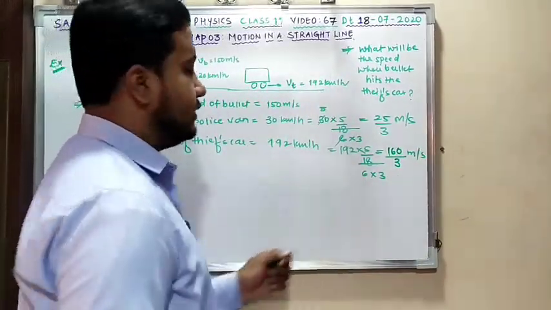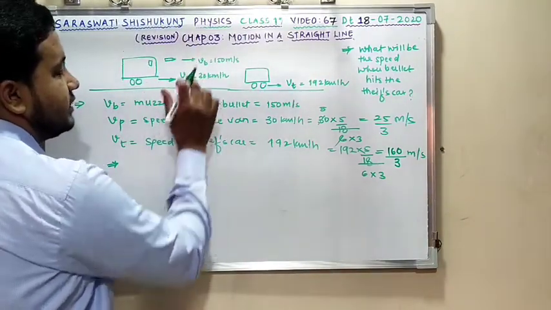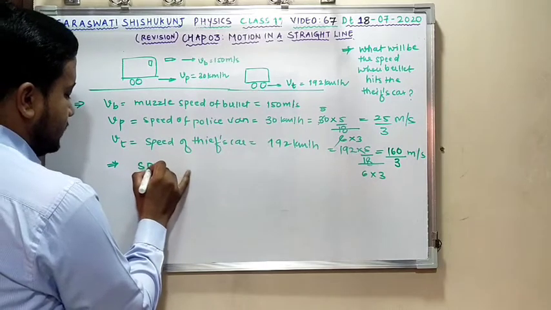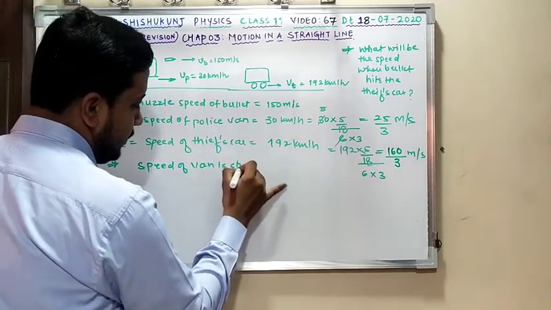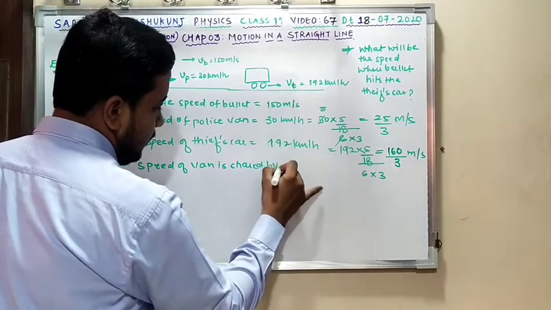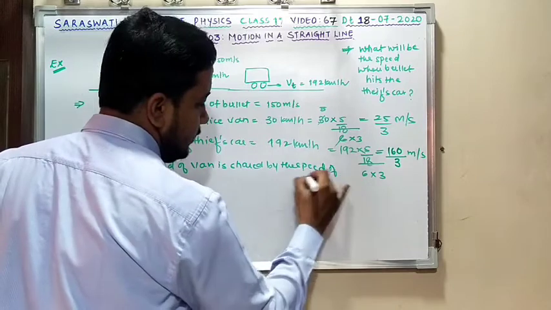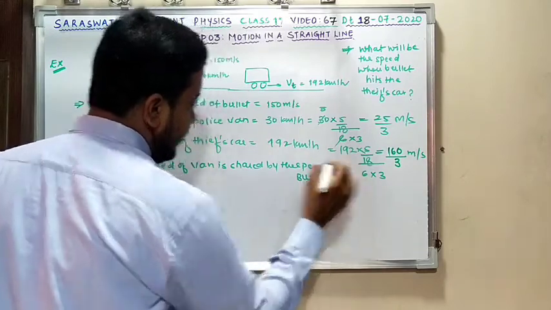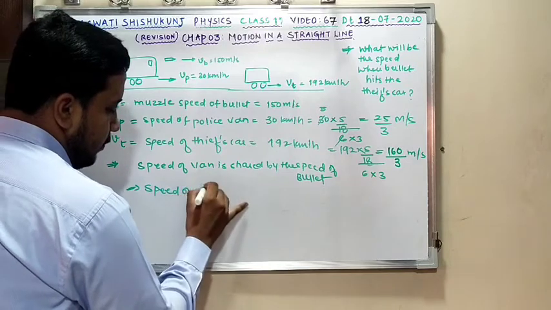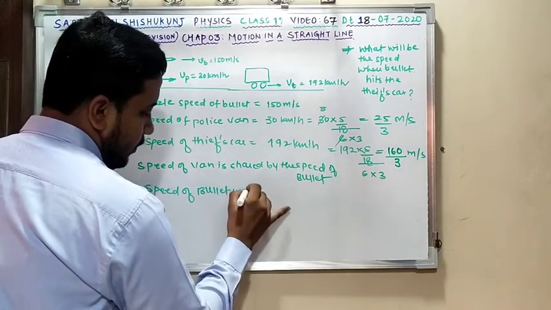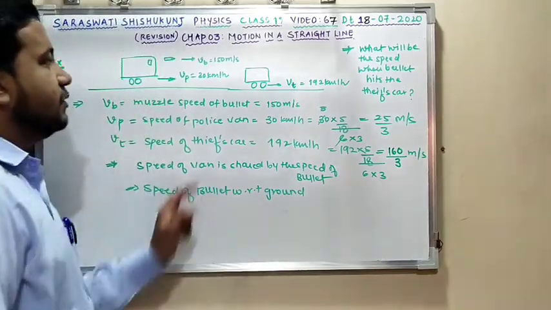Now one thing over here you will be able to notice, that the speed of the van is being shared by the speed of the bullet. So if I need to calculate the speed of the bullet with respect to ground, I need to determine the speed of the bullet with respect to ground.